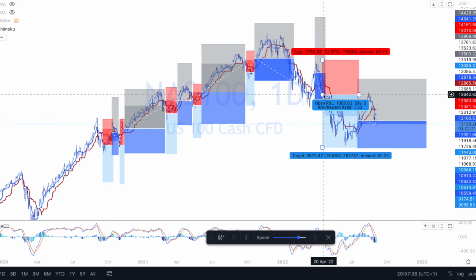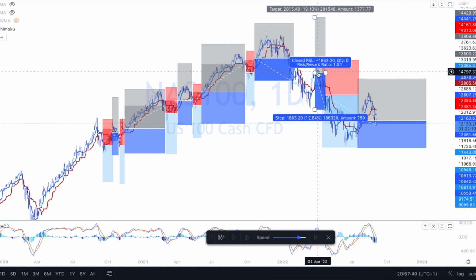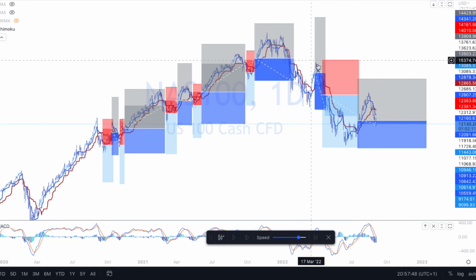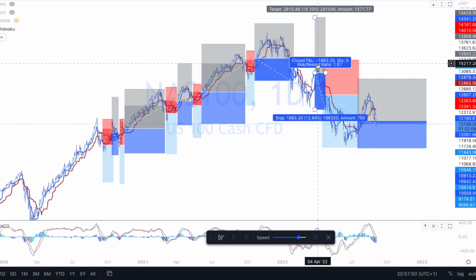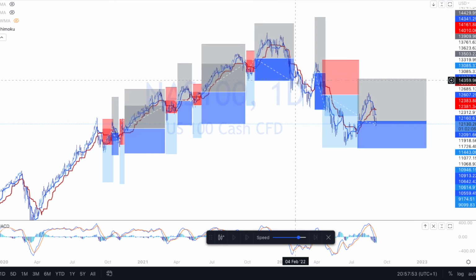Now what we should have done was, losing at this level over here is an easy mistake for any trader to make. Why? Because we don't know if this is a new lower high or not. However, we did have the indications at these bottoms over here, which were the lower lows.